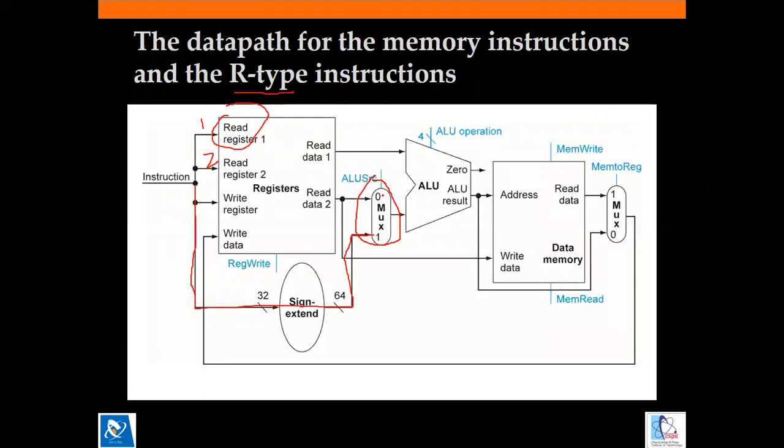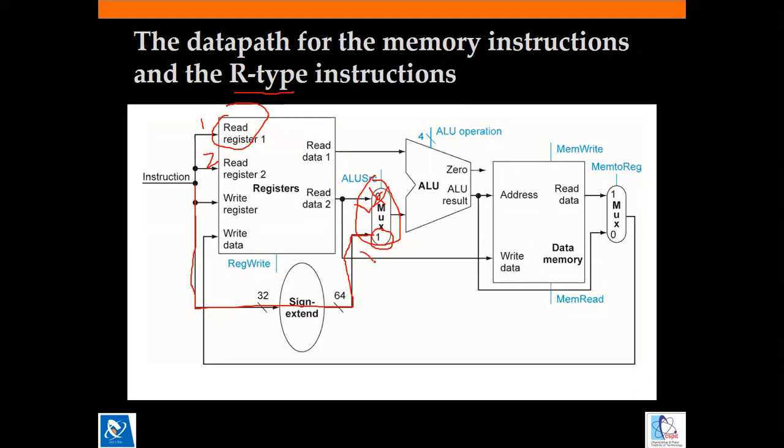Now here the control unit, after getting that instruction type, will get the idea that for this instruction I require to take input from here, not from here, because this is the memory instruction. If this would have been an add instruction, the control unit will take input from here, not from here.